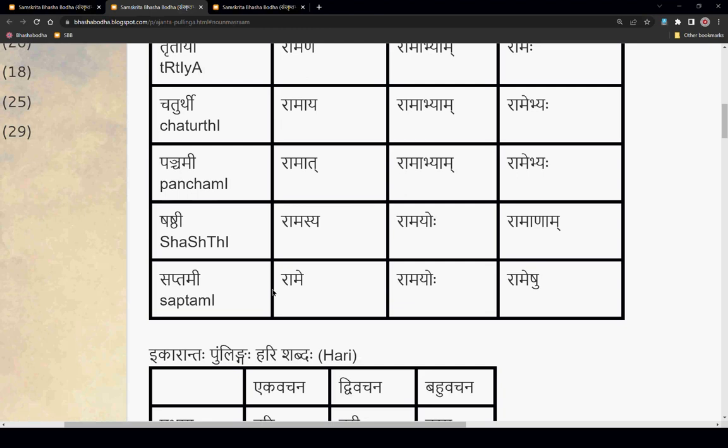Birds is plural. Khagaha. Khagaha vaneshu asti.